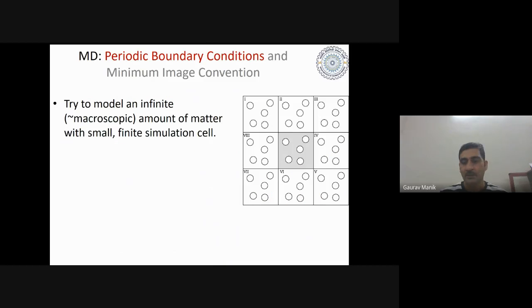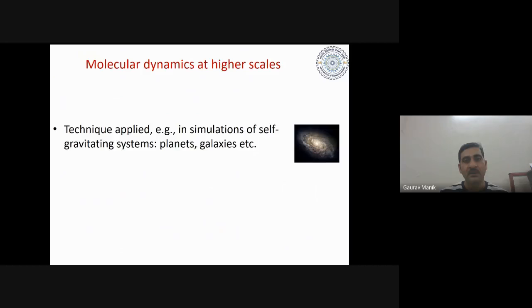For the sample applications, molecular dynamics can be used not only at the level of water or smaller materials, but you can even use these techniques in simulating the motion of planets and galaxies.